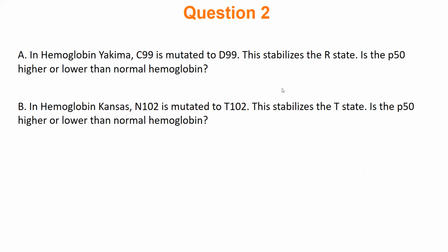So this tests a couple of things. 1, do we know what the R and T state is? 2, do we remember what a P50 is? So I'm going to put that poll up, take a stab at it, and I'll be back in a minute once we have some people answer to go over the answer.